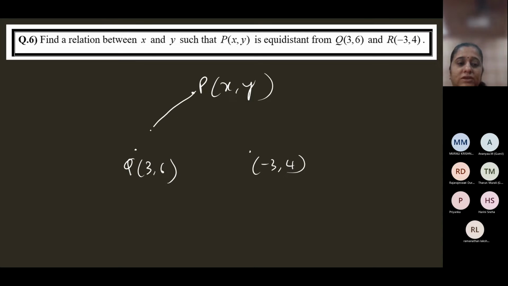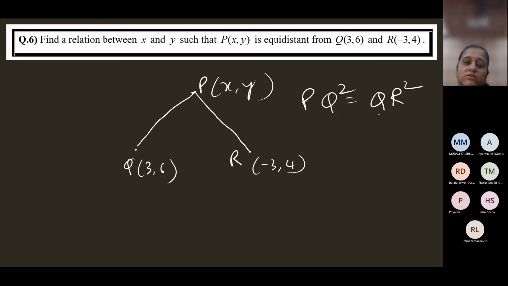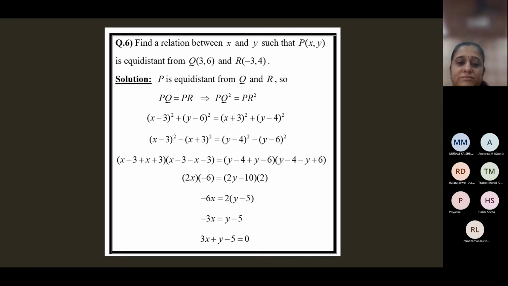All right. So PQ is equal to PR. That's the meaning. If P is equidistant from Q and R, that means PQ is equal to PR, or PQ square is equal to PR square. So that's all. Use the distance formula, and you will get an equation in x and y. And that is the required relation.